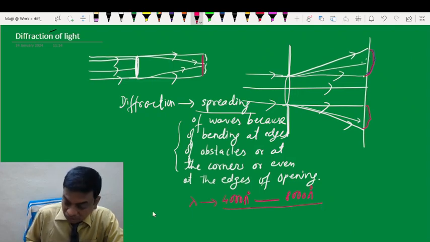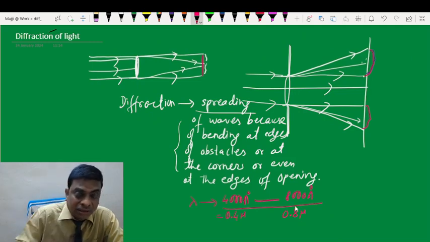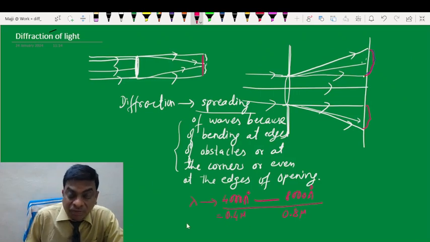Okay. In fact, if you convert this into micrometer or microns, it will be 0.4 microns to 0.8 microns. Now 1 micron is the width of the hair. Width of the hair is 1 micron. So that means the wavelength of visible light is comparable to the width of each hair.